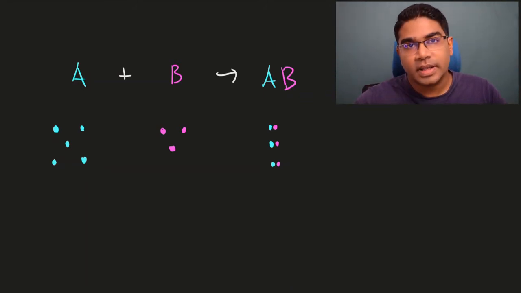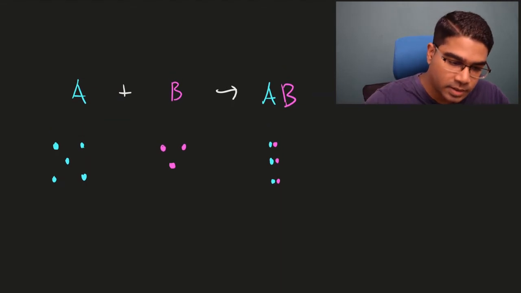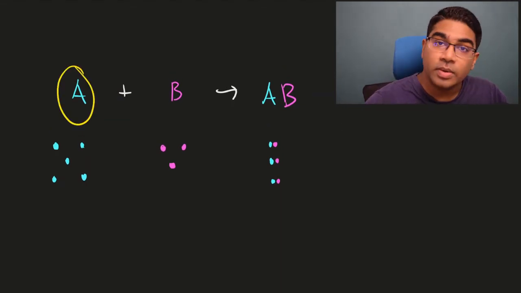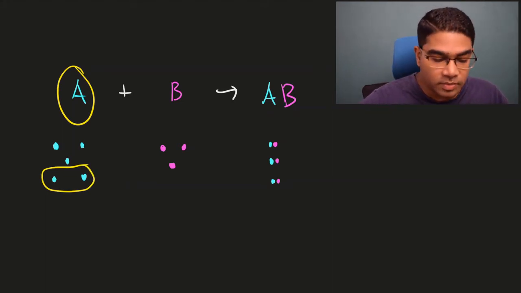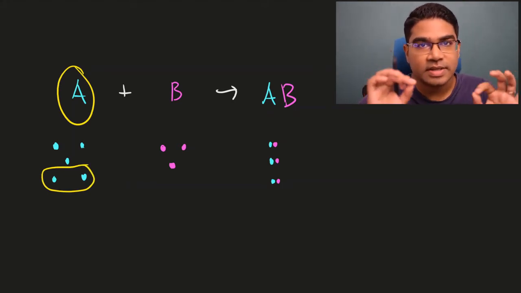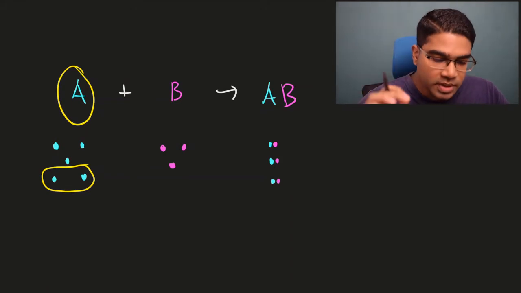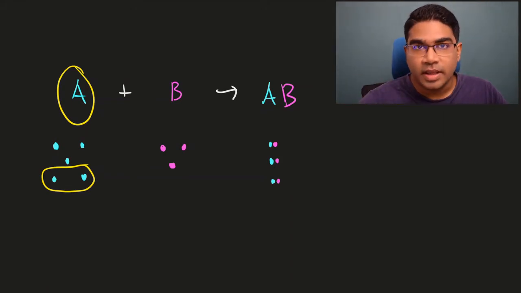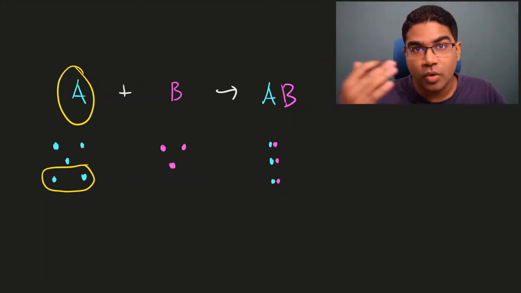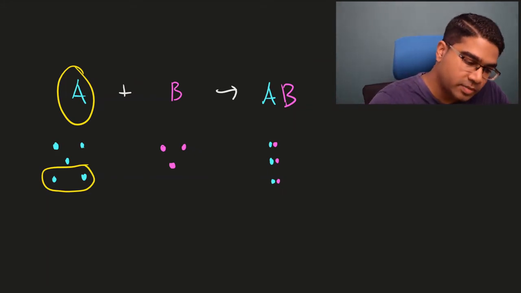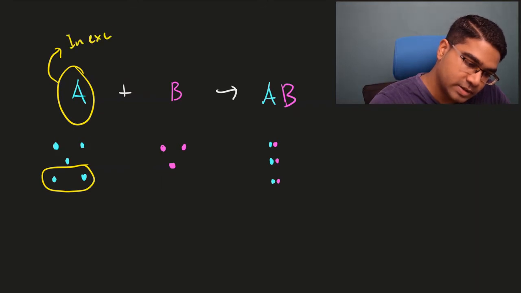So from here it tells us that A, there will be extra, but B will be completely reacted. So these are some keywords here. When B completely reacts with A, there will still be 2 particles of A extra left over. Now this is when we say that A is in excess.